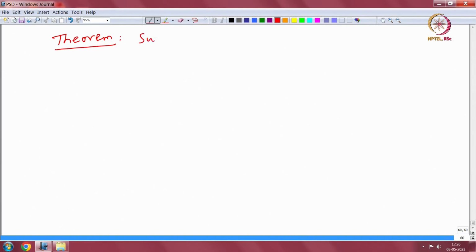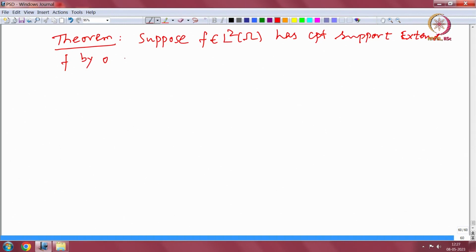Suppose f in L2(Omega) has compact support, so extend f by 0 outside its support.